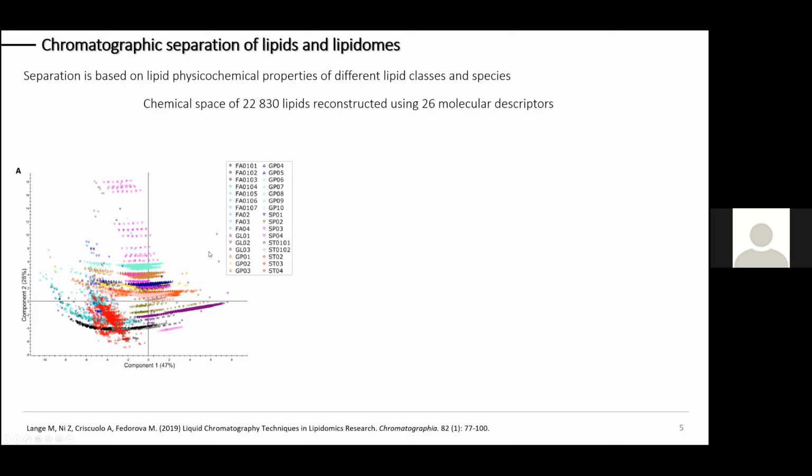I don't have to look much into the details here, but just have a look that each of the lipid categories and classes is colored with different colors. And you can see that, of course, different groups and classes of lipids cluster together, and their behavior can be described by these two main principal components.